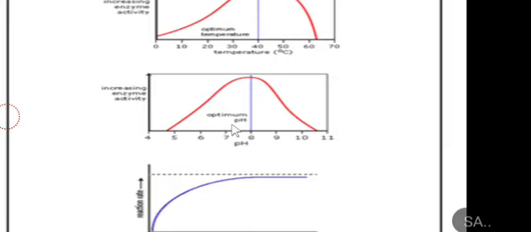If you increase the pH above 7, then it will be denatured, its bonds will break, and the enzyme will become non-functional and will no more be able to show its action, so the rate of reaction will be 0. So remember that the enzymes work at the optimum pH. I hope that this is clear.